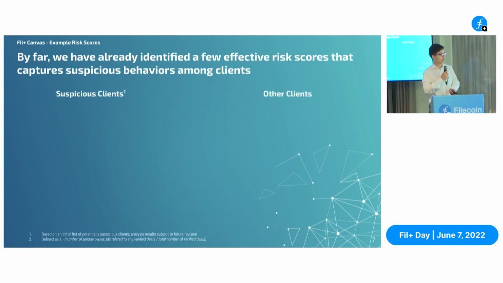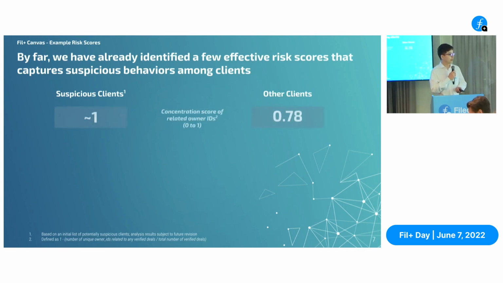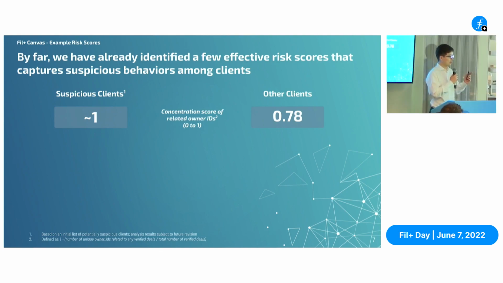So we divide the population among two groups, suspicious clients and other clients. The suspicious clients are a couple of examples we're working on and subject to change, but based on Galen's investigation, they are relatively suspicious clients that we should look into. And here on the screen, I'll be presenting 3 different risk scores we have designed, which is quite interesting.